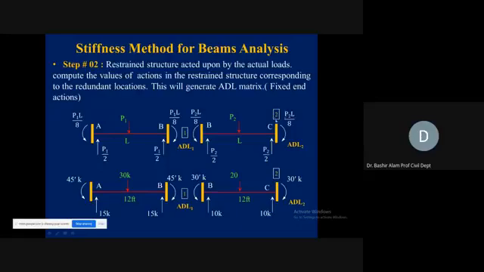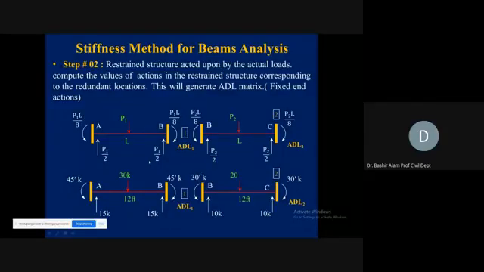For the right one, again we use PL divided by 8. Now this becomes the general case: if you have a load at the center of a fixed ended beam, the moments generated at the ends will be PL divided by 8, and the vertical reaction will be P divided by 2.